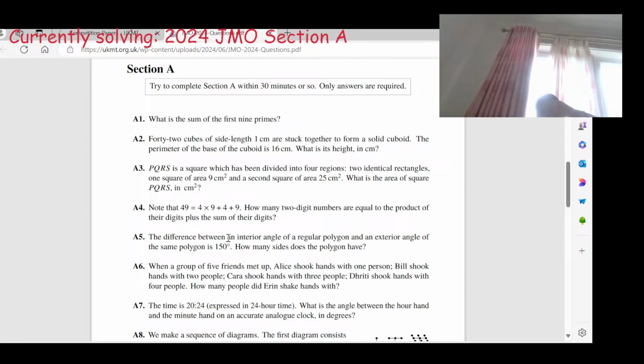Anyways, 42 cubes of side length 1 are stuck together to form a solid cuboid. So the volume is 42. The base, so 8.